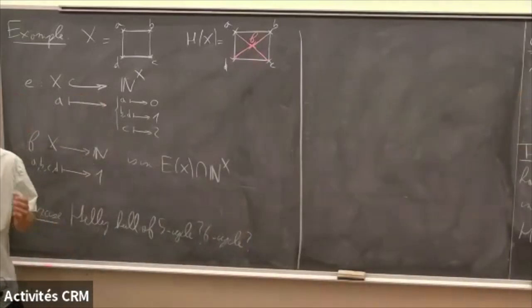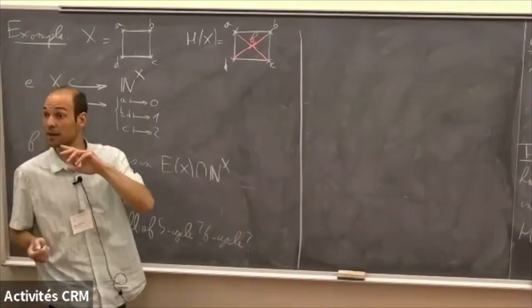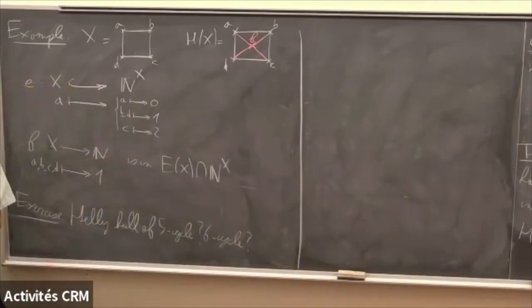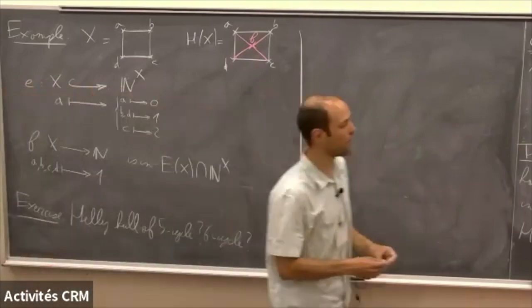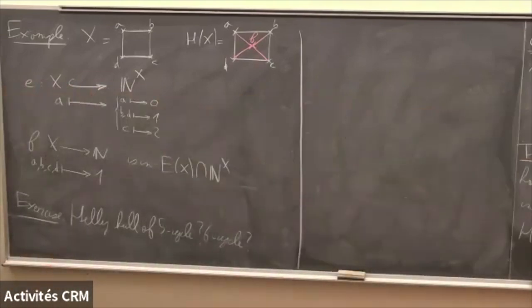Any other question? Because I look at this function, it takes all points to the value 1. And from this theorem, I see that I have an edge if the distance is 1.